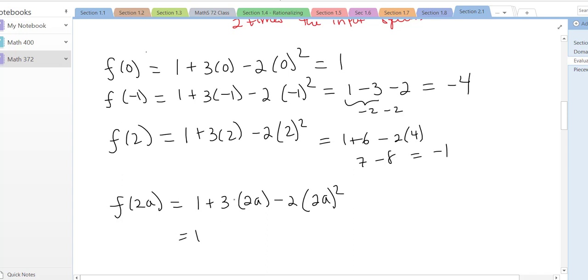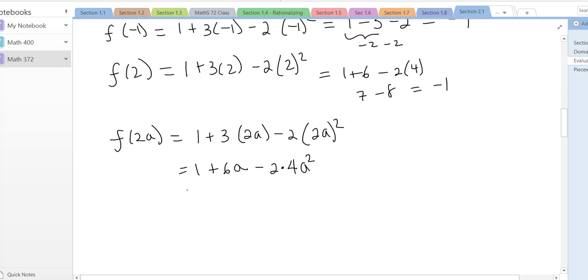So here I have an a, but 3 times 2 is 6, so I have 6a minus 2 times, I have to square this. So this 2 squared is 4 and a squared is a squared. So I have 1 plus 6a minus 2 times 4 is 8, 8a squared. And there are no like terms, so that's as far as we can go.